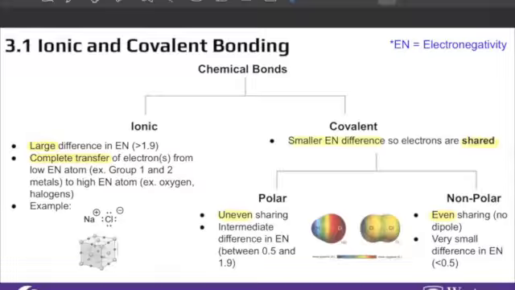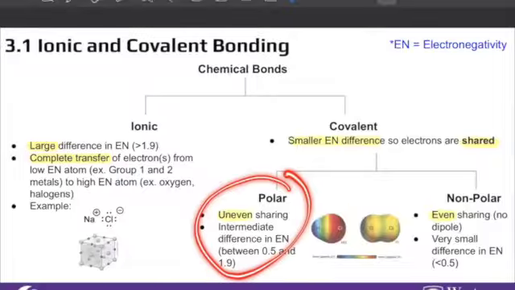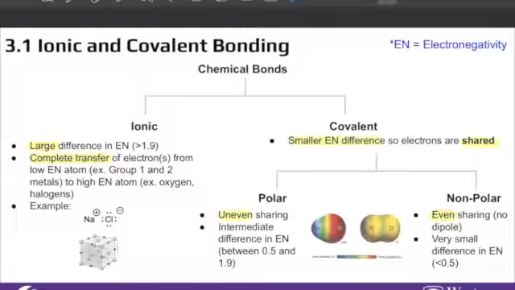Remember, overall with covalent, our differences in electronegativity are already not as big as with ionic bonds. However, if there's still an intermediate difference, then that's where we get our polar covalent bond. And if we have a very, very small difference or even no difference at all, which would be the case if we have a bond between two of the same atom, because then they have the same electronegativity, that's when we get the nonpolar bond.